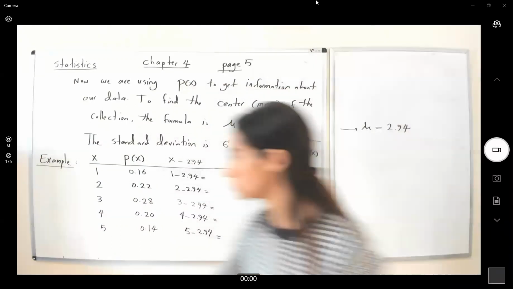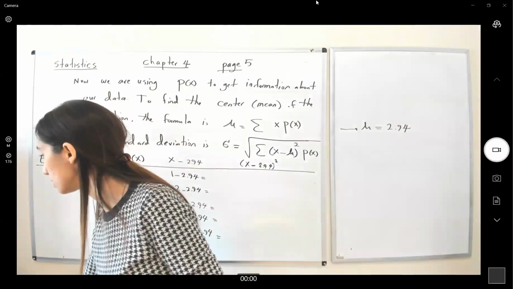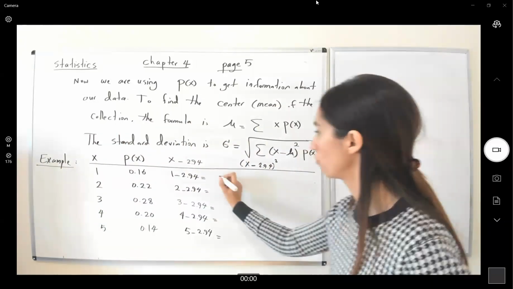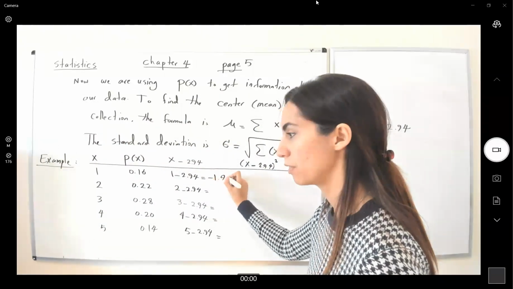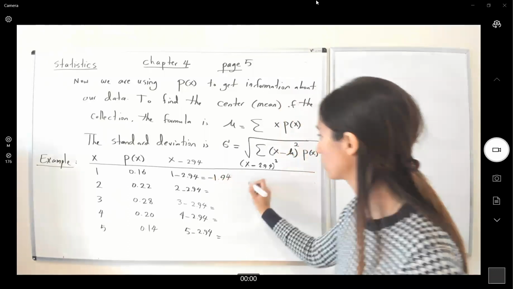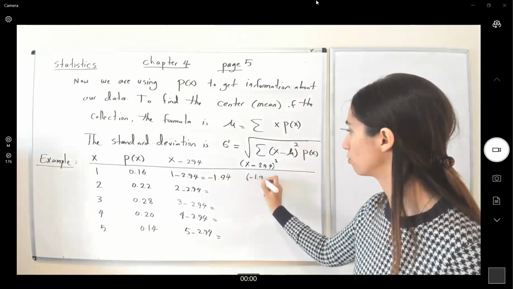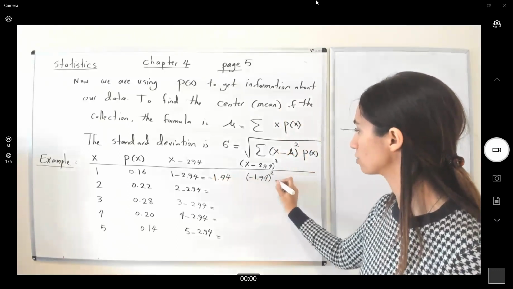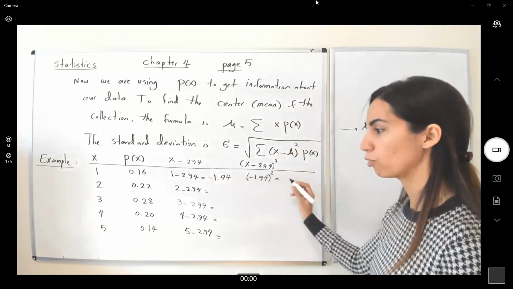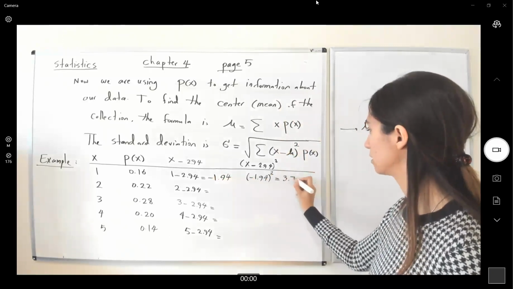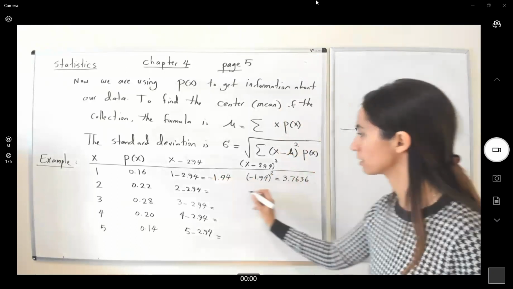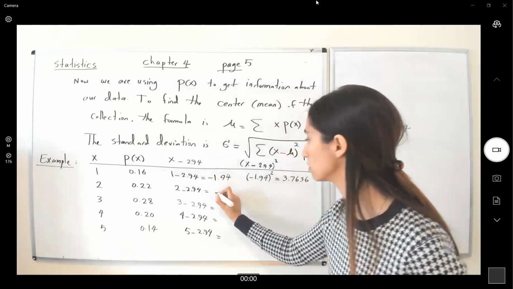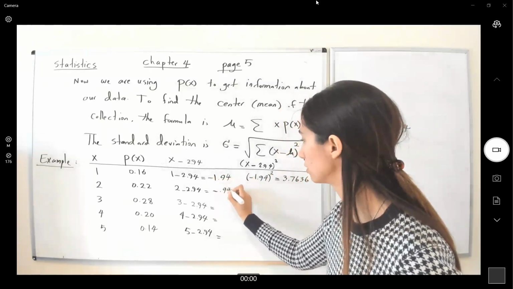Okay, so let us write these numbers here. Negative 1.94. Now negative 1.94 raised to the second power is 3.7636. The second subtraction gives you negative 0.94.